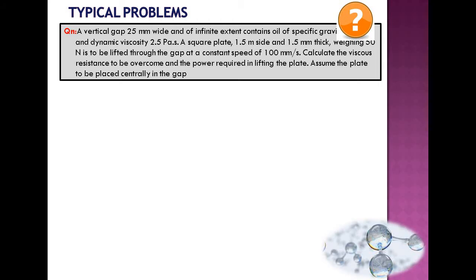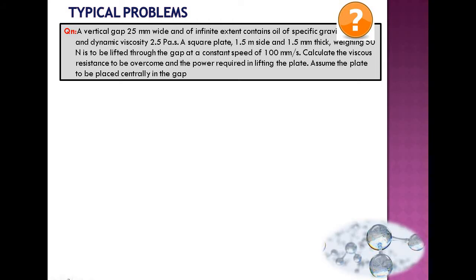A square plate 1.5 meter side and 1.5 mm thick, weighing 50 Newton, is to be lifted through the gap at a constant speed of 100 mm per second. Calculate the viscous resistance to be overcome and the power required in lifting the plate. Assume the plate is to be placed centrally in the gap.